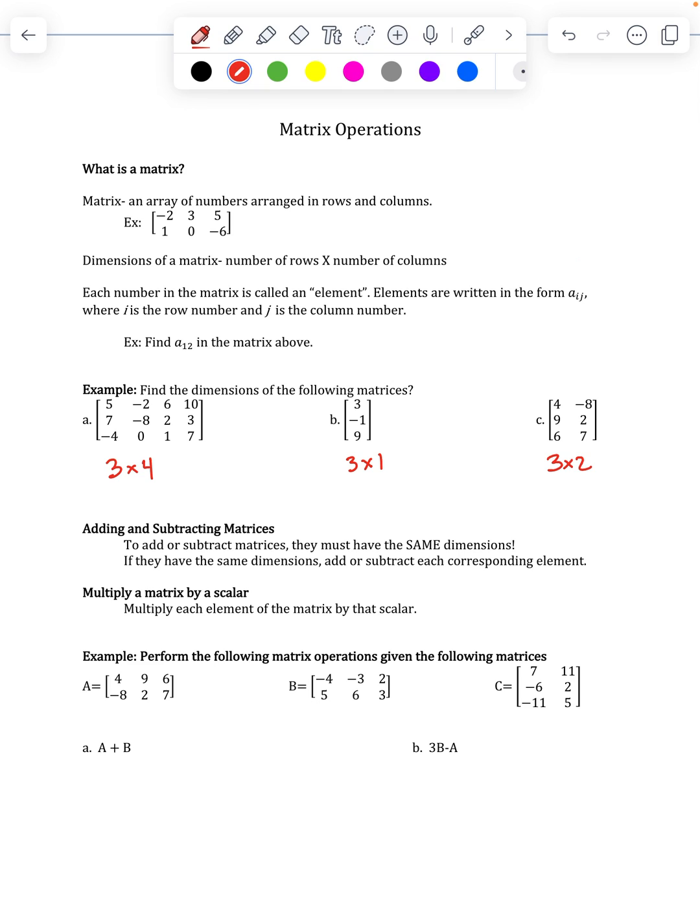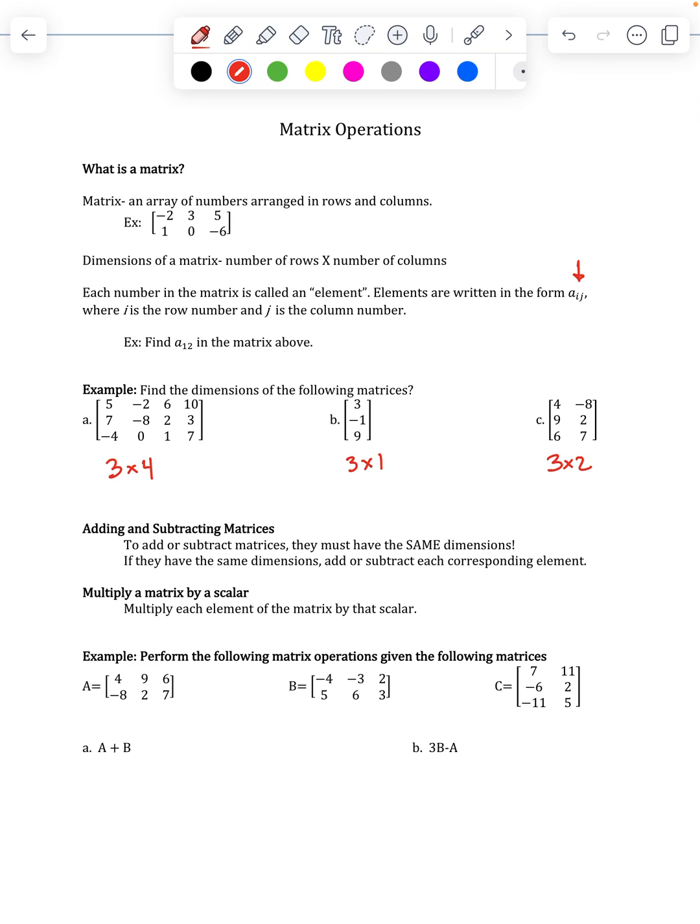Now, when we're looking at a matrix, each number is called an element. And elements are written in the form of A, I, J, where I is the row number and J is the column.